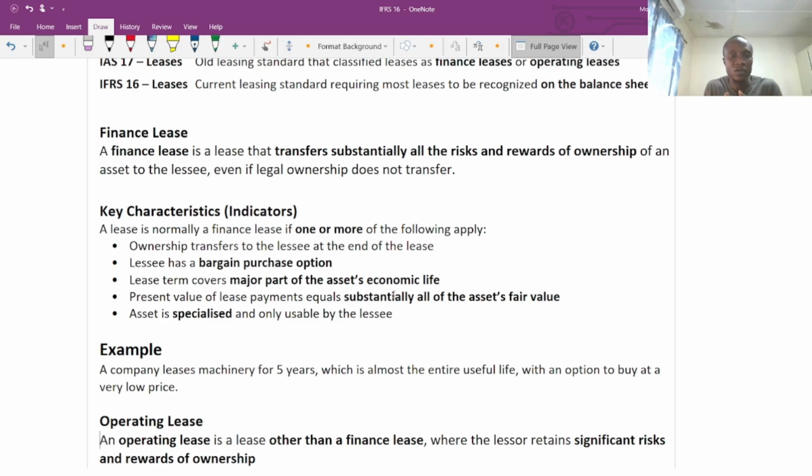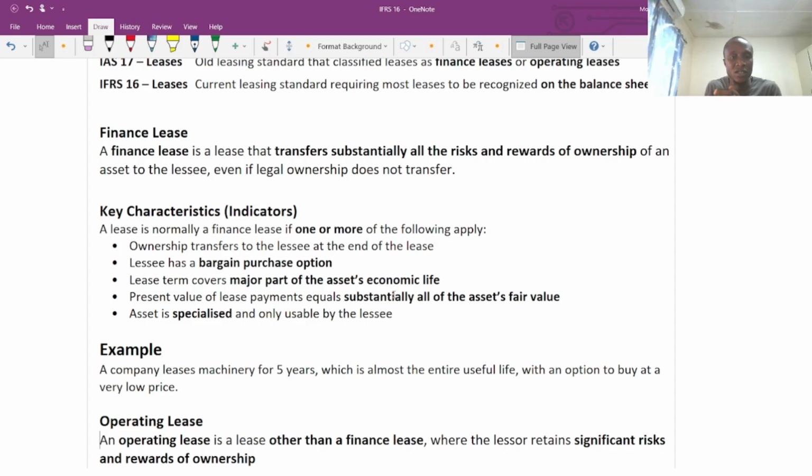If the lease period for the machine is 3 years, and within the lease agreement there is an option to purchase the machine after the lease period, then this is a clear indicator that there is a significant transfer of risk and reward of ownership to the lessee.